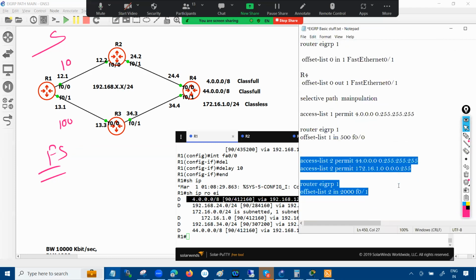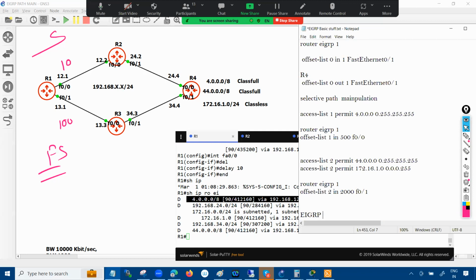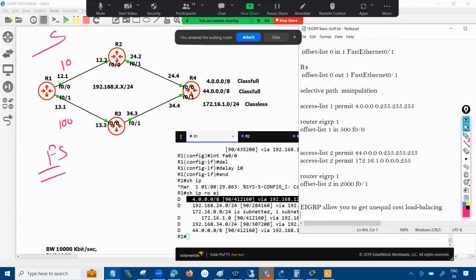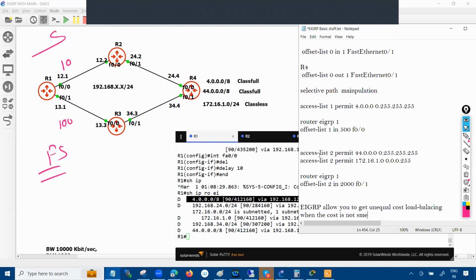EIGRP allows you to get unequal cost load balancing. Unequal means what? When the cost is not the same, then you can achieve unequal cost load balancing.